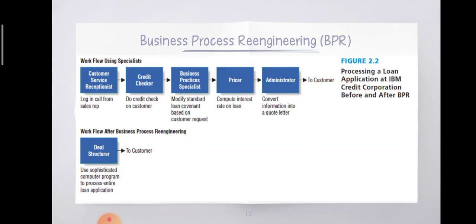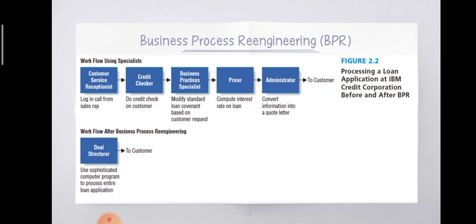So imagine, this is just an example sa IBM. Before sila nag-business process re-engineer, the loans in IBM would take 6 days. It would cost a lot of salary for these people, no?